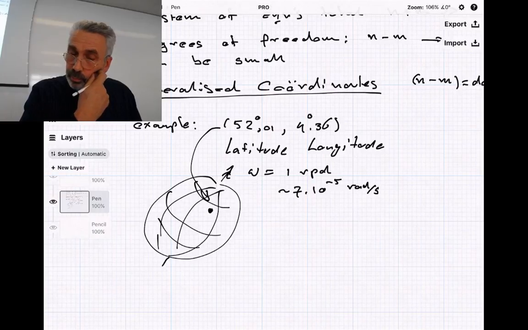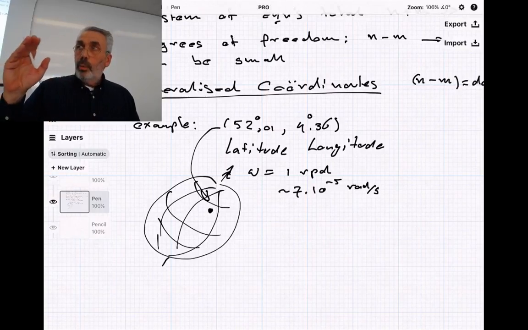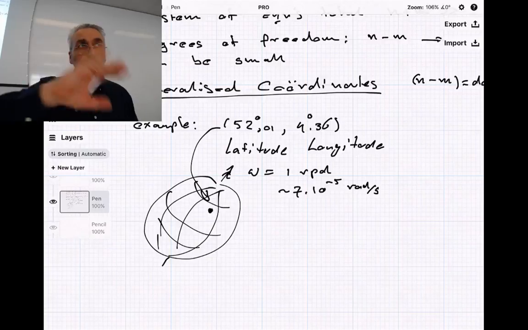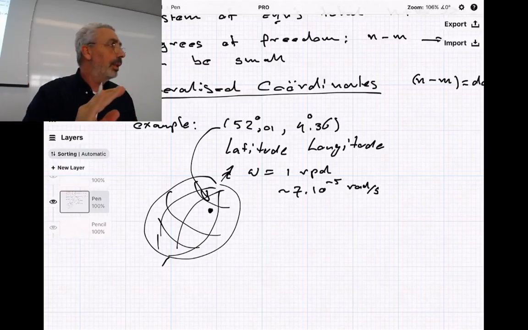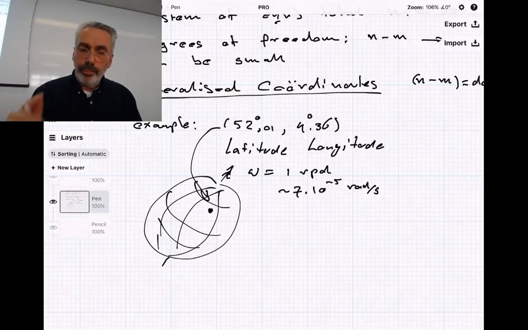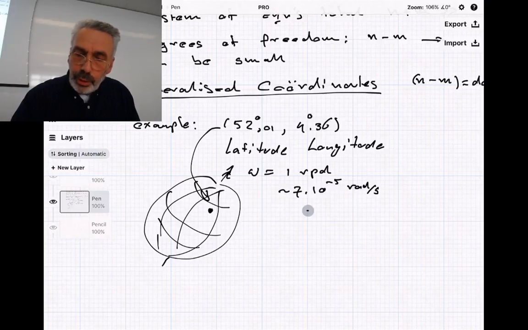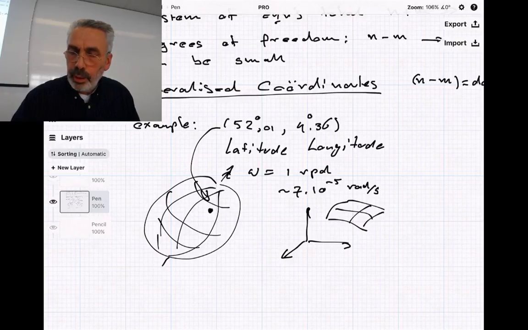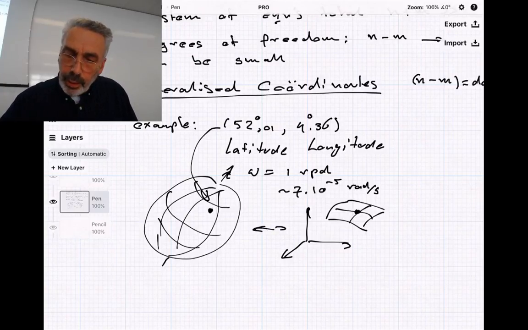Okay, so we are constrained to move on this Earth surface, right? If you would draw that in a mechanical or kinematic sense, we would say I have a surface here, and I can only move on this surface. And what are latitude and longitude?